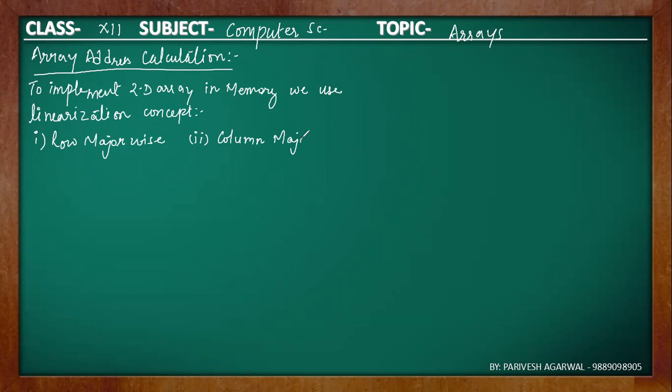Column major wise. So these are the basic two types of linearization concept which is used in array address calculation. First is row major wise. If I talk about row major wise, students, I am taking an example of an array, int ARR of array equals new int, say of size 4 by 4.